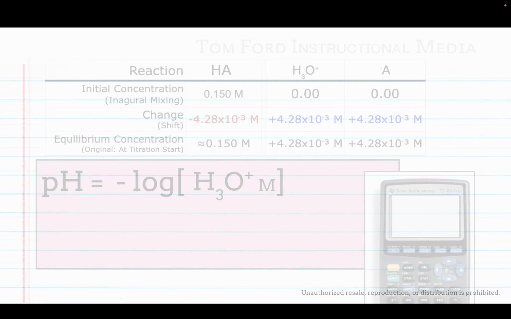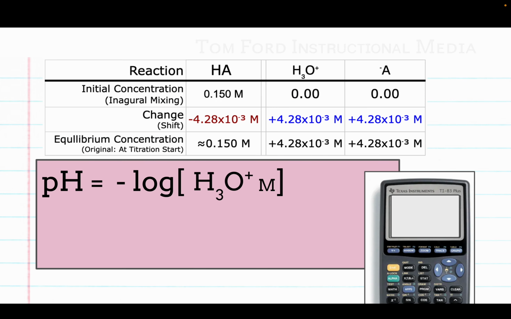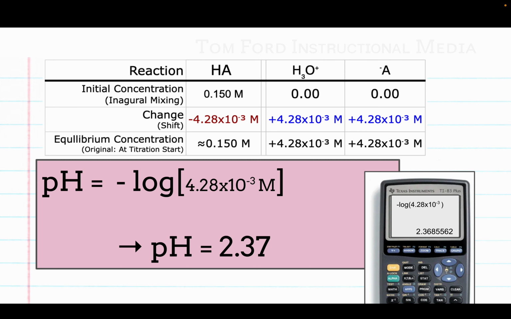So what does that mean? It means pH is simply the negative log of that X value, which is now the value of H3O+. This also gives us our initial point on the titration curve, the pH before any base is added.